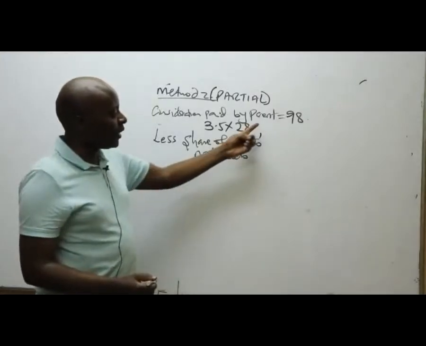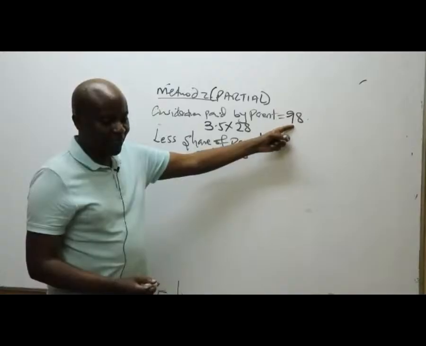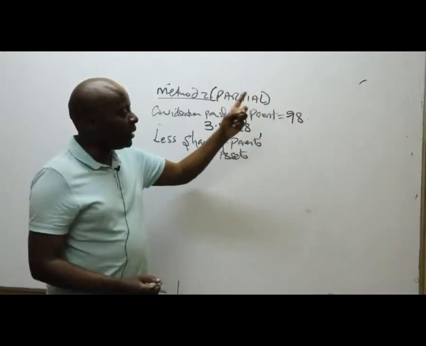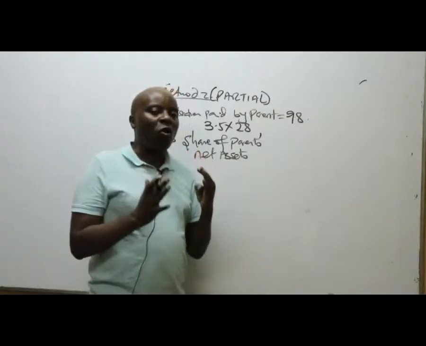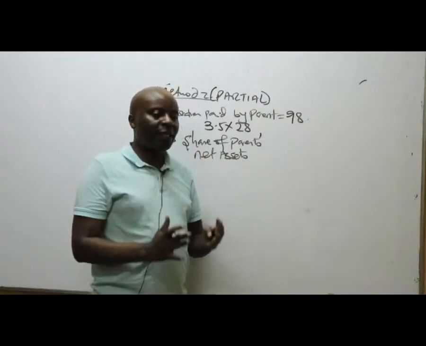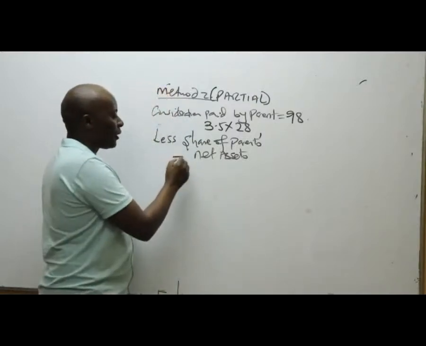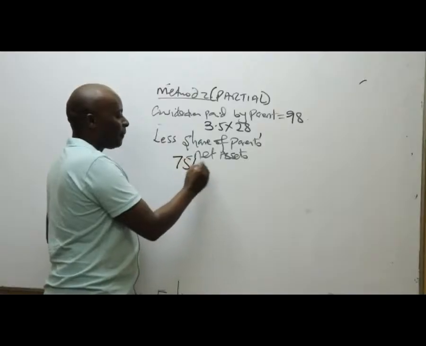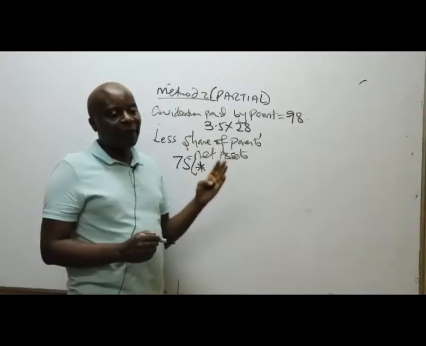Remember, you're only putting in a value of the parent, so in terms of net assets, I recognize only the net assets of the parent. And remember, the parent has got what percentage here? 75%. So it's going to be 75% of what?